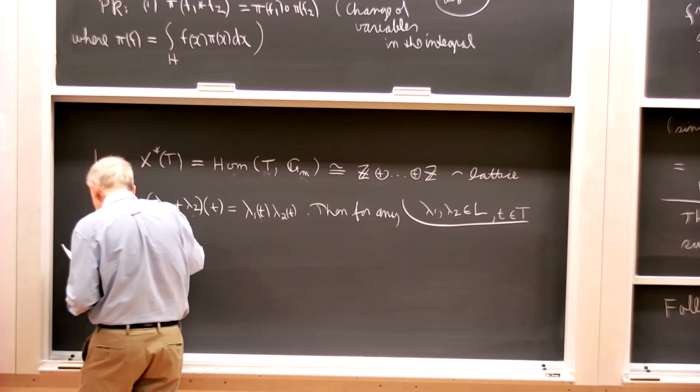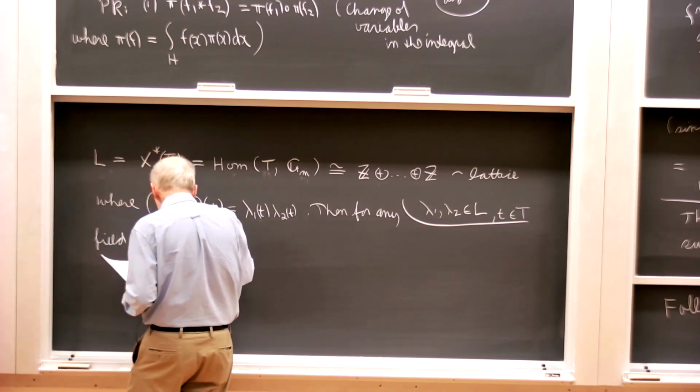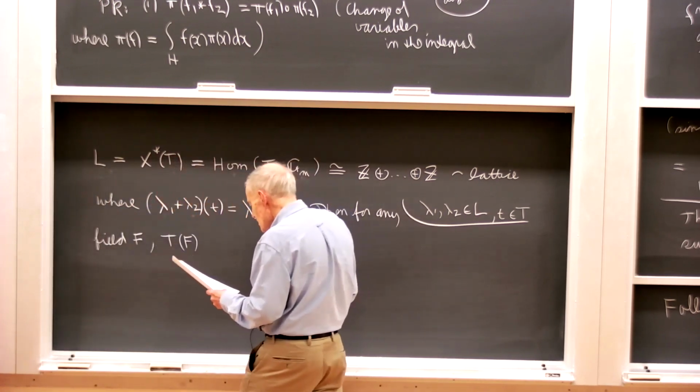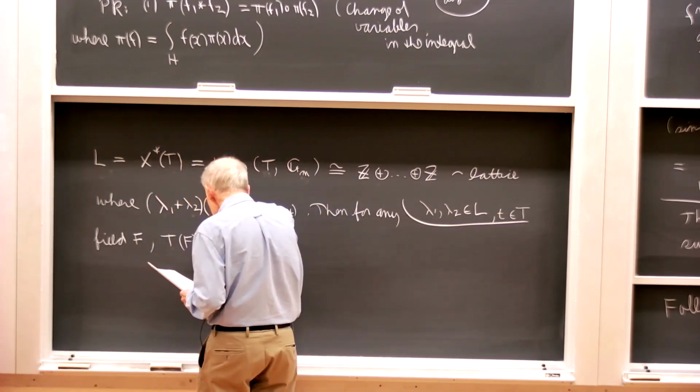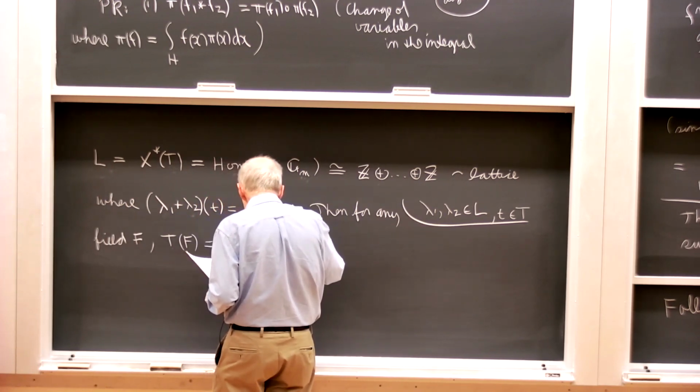F, T(F), so T is a torus, then that's equal to Hom(L, F star).